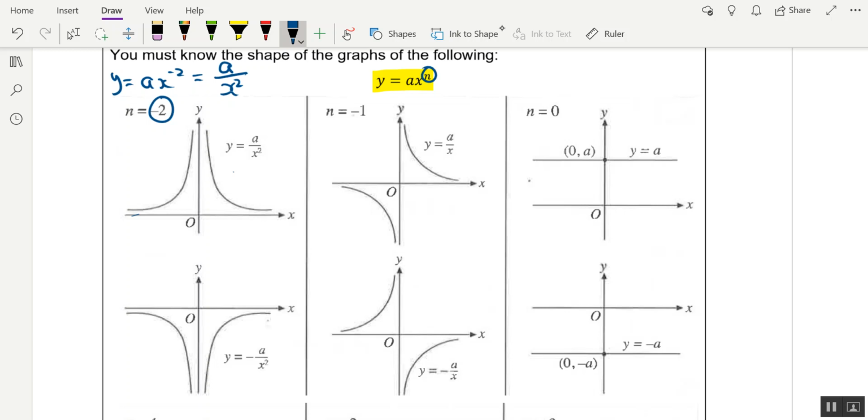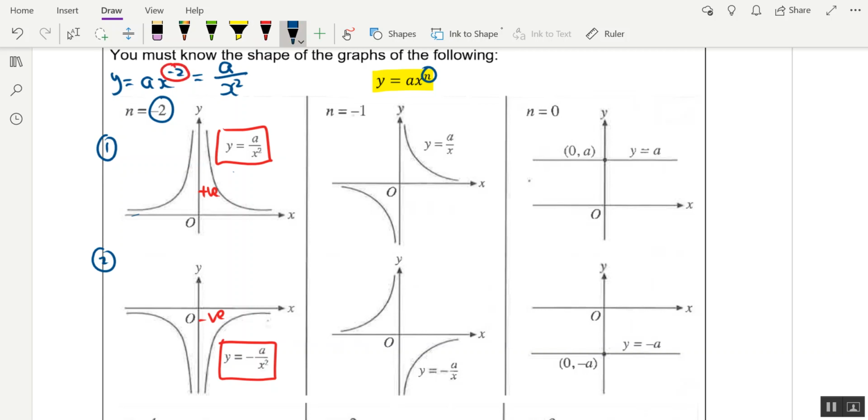So always remember the difference between diagram number 1 and diagram number 2 is when you put a negative sign in front. It flips from the positive y-axis to the negative y-axis. You don't need to remember so many, you only need to remember a few. So this is for y equals a over x squared, or when the power n is equal to -2.